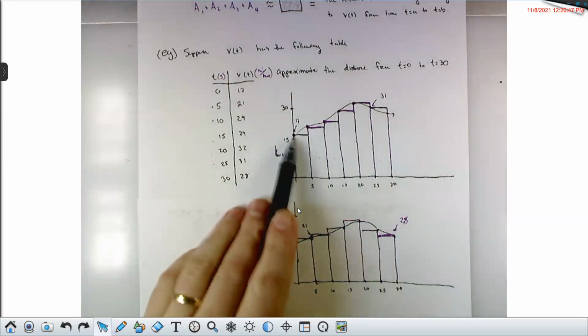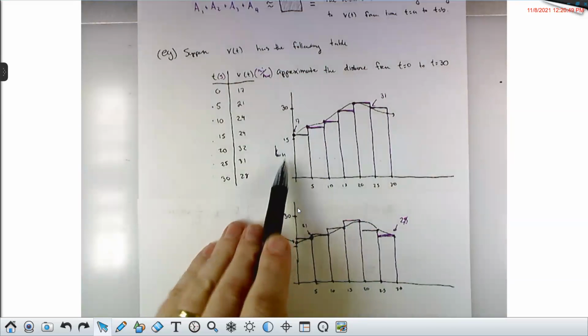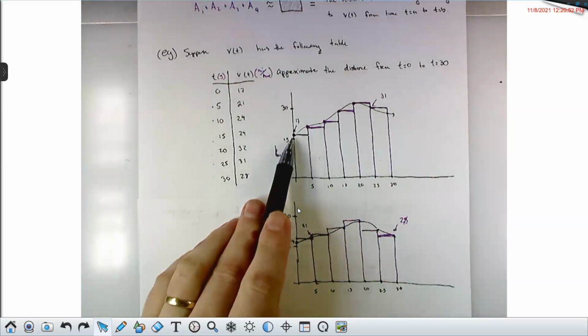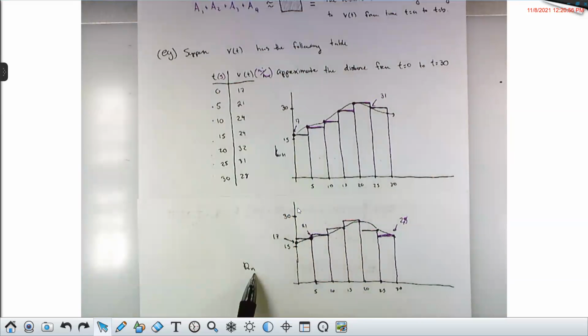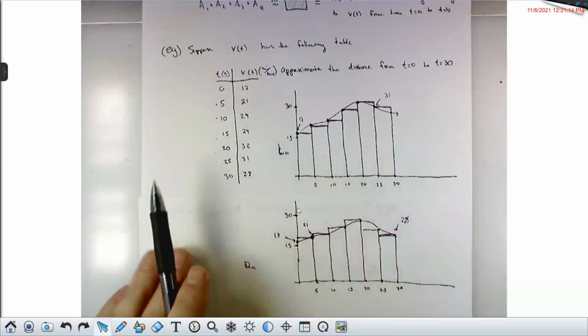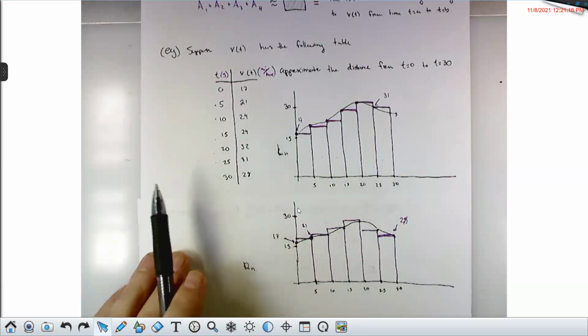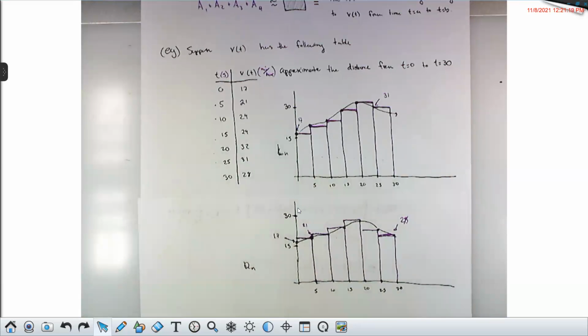So the height of the first rectangle in Ln comes from the left endpoint, which is 17. The height of the first rectangle for Rn comes from 21 because that's the right endpoint. So the 0,17 point doesn't influence Rn at all. That's the idea. So it's not that these are the same height. This rectangle is taller than this rectangle. Does that make sense? Yes, thank you.